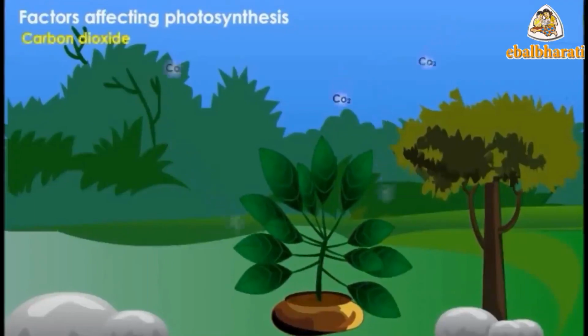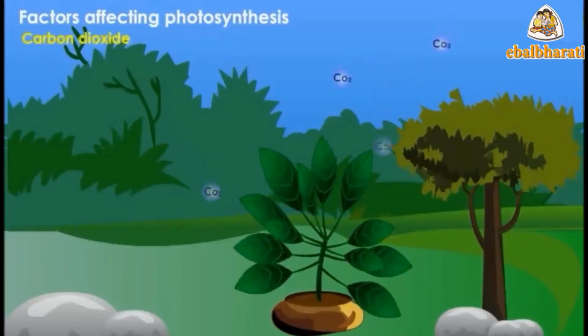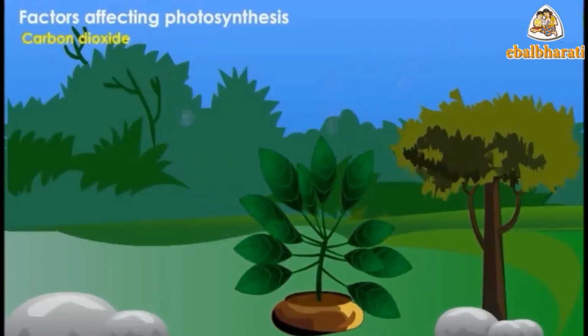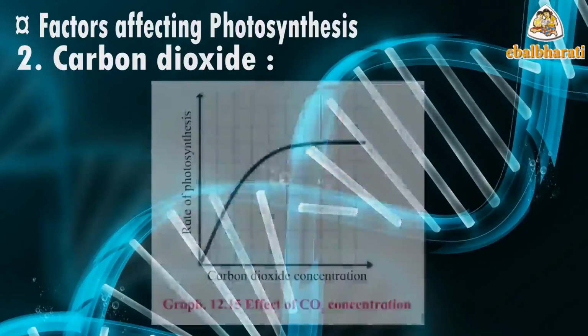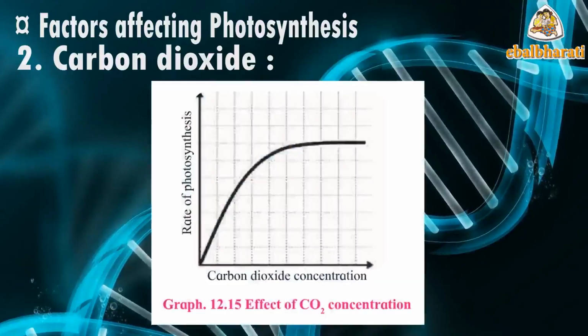The main source of carbon dioxide in land plants is the atmosphere, which contains only 0.3% of the gas. Under normal conditions of temperature and light, carbon dioxide acts as a limiting factor in photosynthesis. Graph 12.15 shows the effect of CO2 concentration.